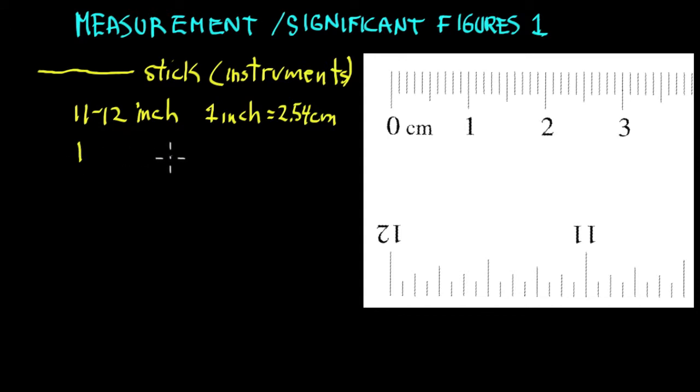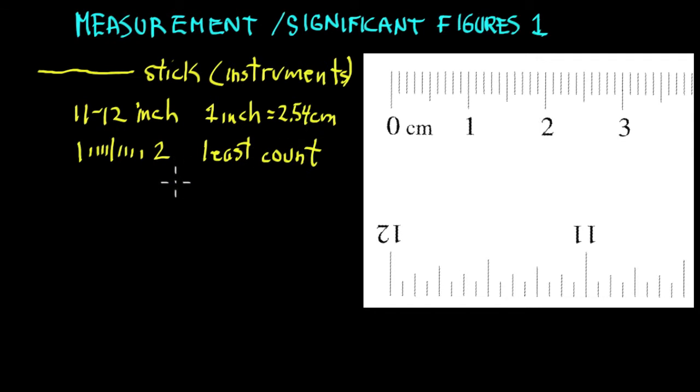Another thing you'll observe is that on the instrument on the top, it goes from 1 centimeter to 2 centimeters, but it's divided into 9 lines there, which will give you 10 intervals. So the smallest division on this ruler, and this is a good term to know, is least count.